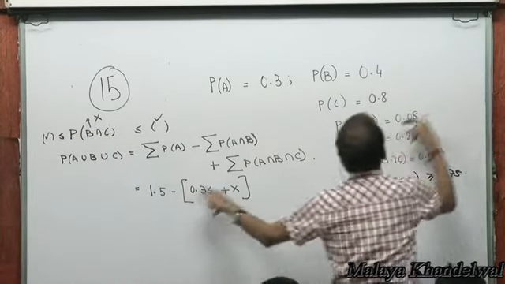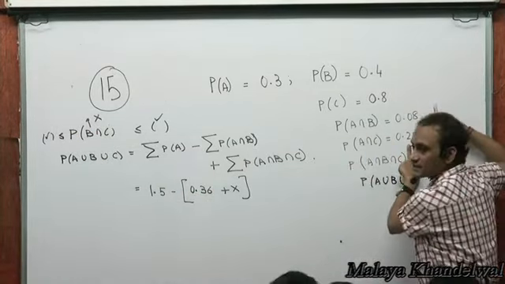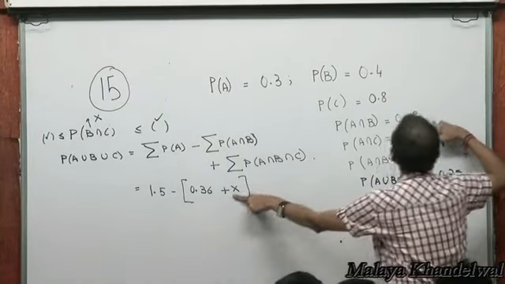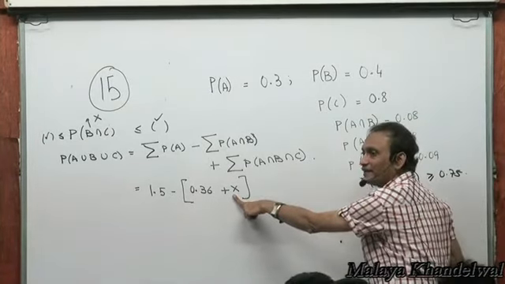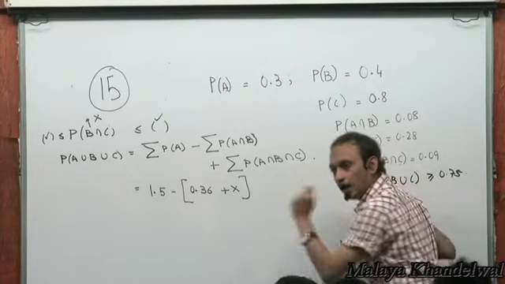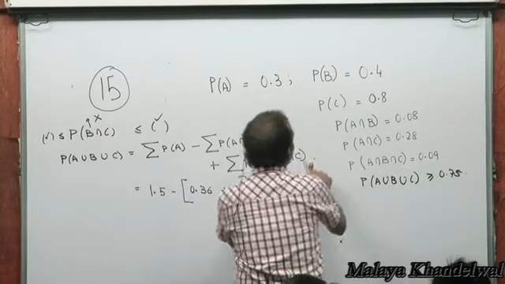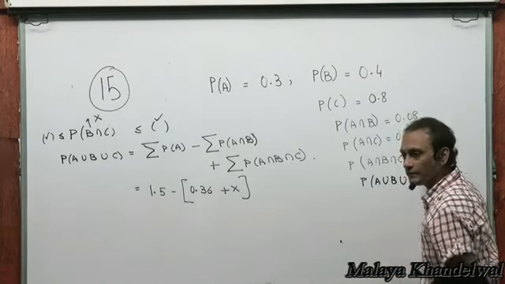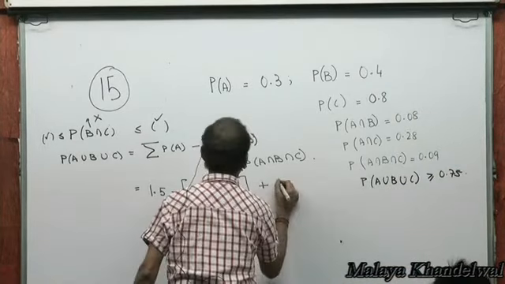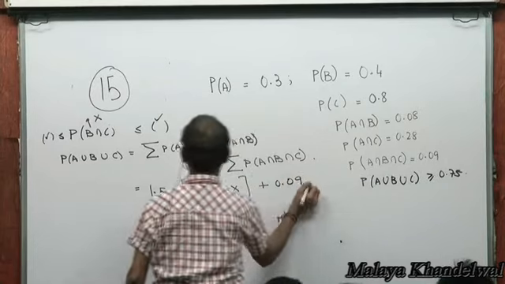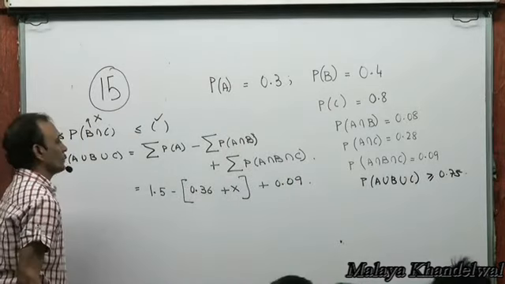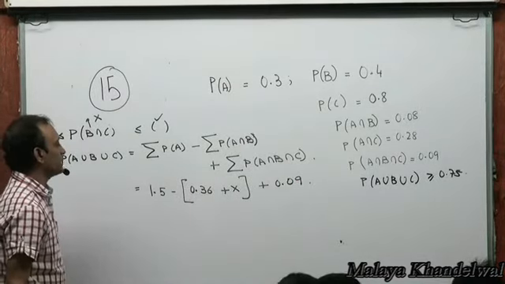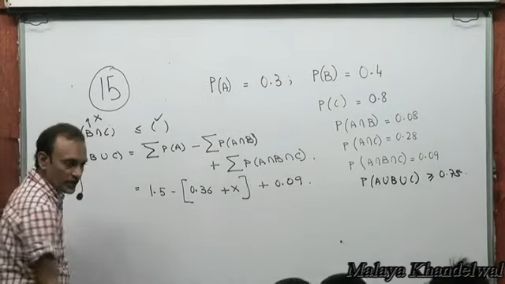AB and AC added is 0.36, plus X for BC. I have to find the range of X. Clear? And then A intersection B intersection C is 0.09, so 1.59 minus 0.36.